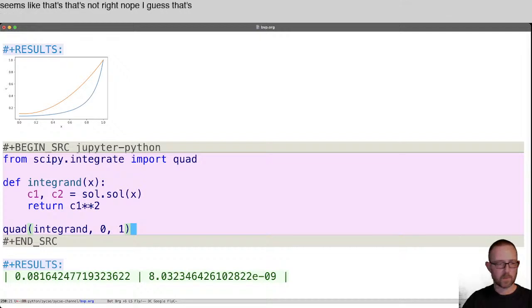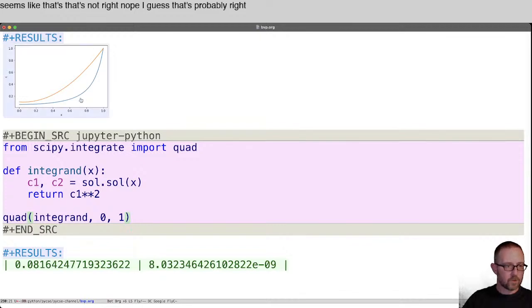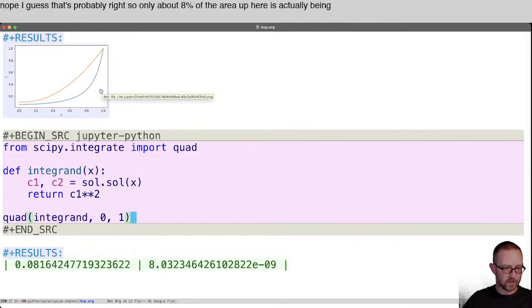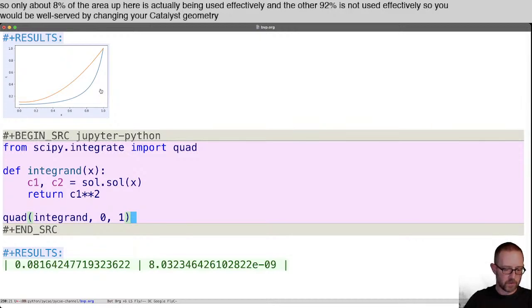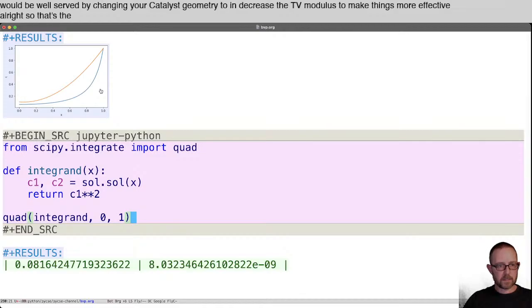No, I guess that's probably right. So only about 8% of the area up here is actually being used effectively, and the other 92% is not used effectively. So you would be well served by changing your catalyst geometry to decrease the Thiele modulus to make things more effective. All right, so that's the end of what I wanted to go through today.